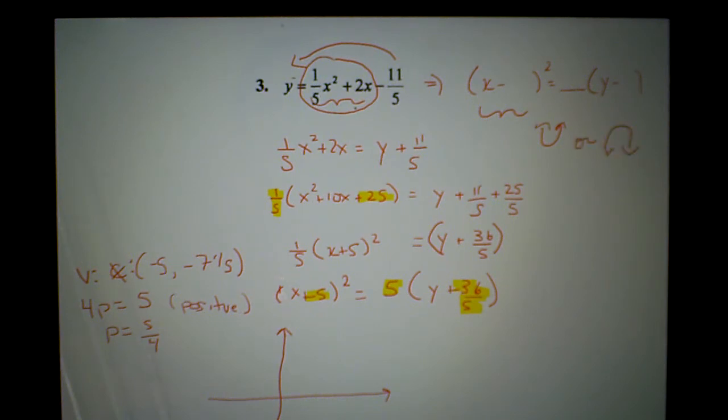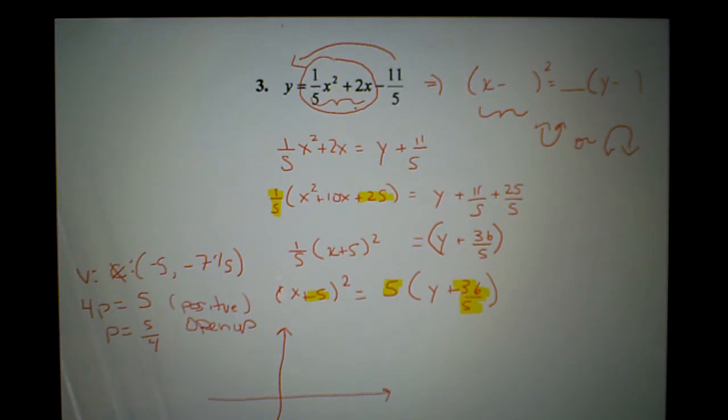And again, I could see from here that my dilation factor was going to be positive, so I know I open up. So I am going to draw my directrix. I hope you can see that. My directrix is at the bottom. My directrix is at y equals 5/4 units down from -7 1/2.